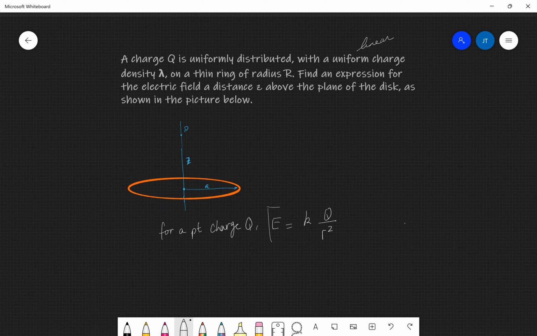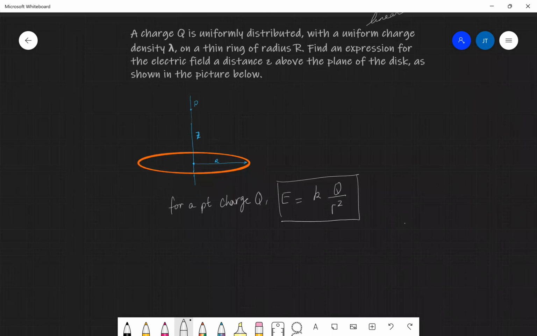Using this as a basis, the first thing we do is break up the ring into small little charges. Of course, this is an exaggeration right here, but this is a small little charge of length dl, and charge dq. dq is differential charge, or infinitesimal charge.